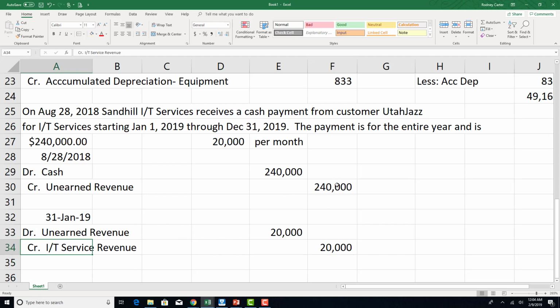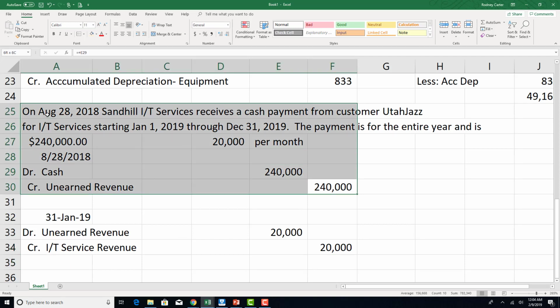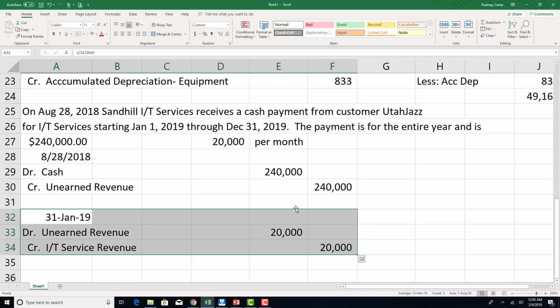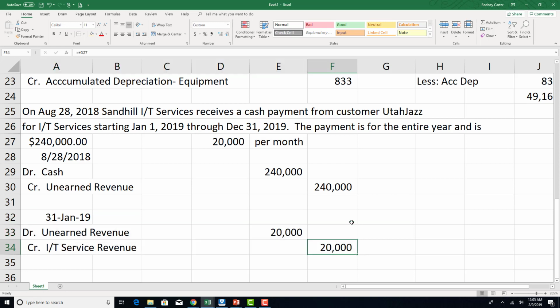What have we done here? We received a payment that wasn't yet earned as Sandhill. We recorded it as such. We owe the Utah Jazz until we provide the services to them. And the first month that we provided the services, we recorded $20,000 of revenue, and we reduced unearned revenue.